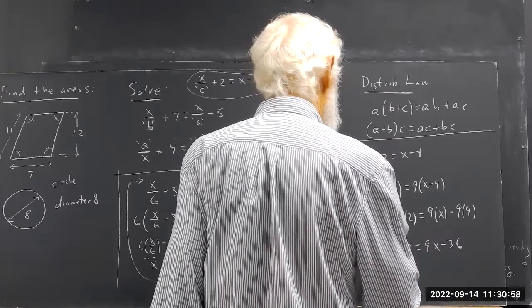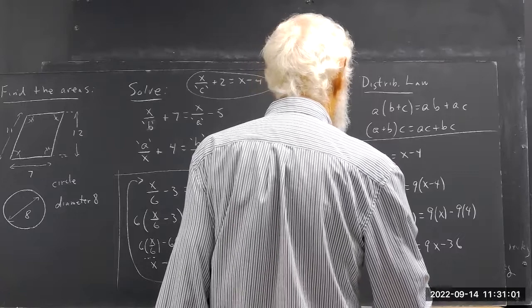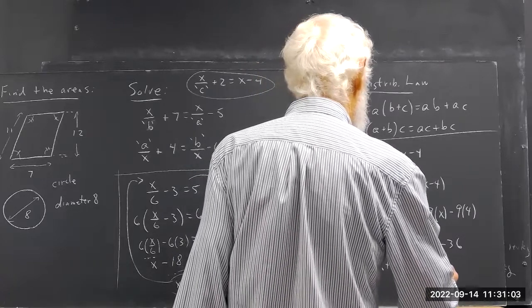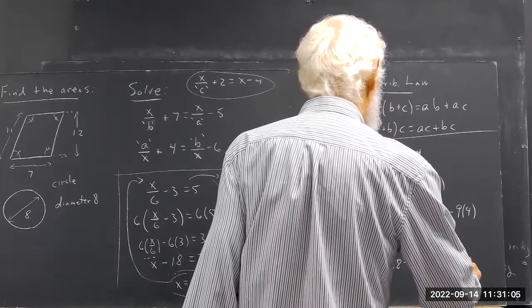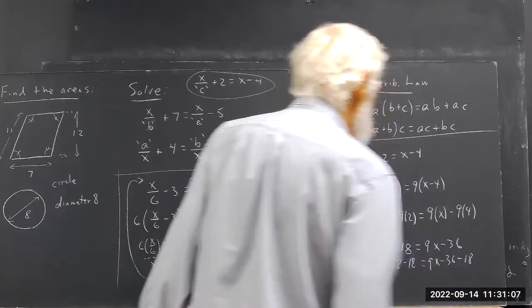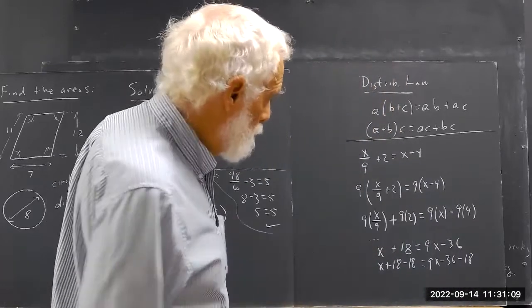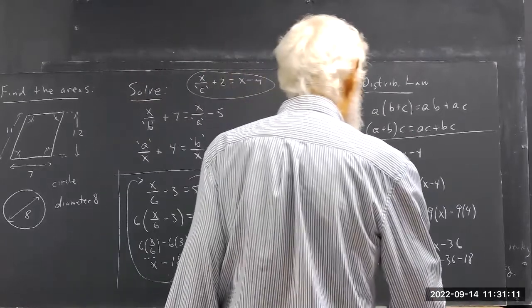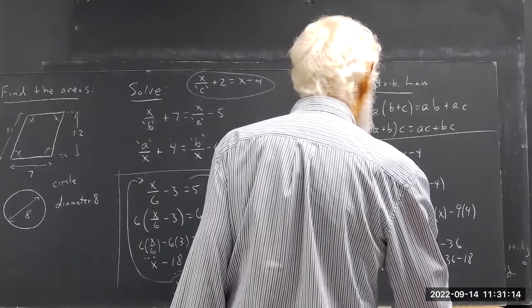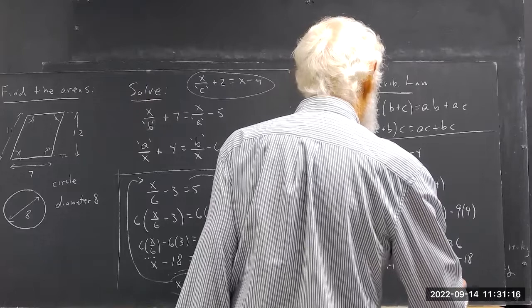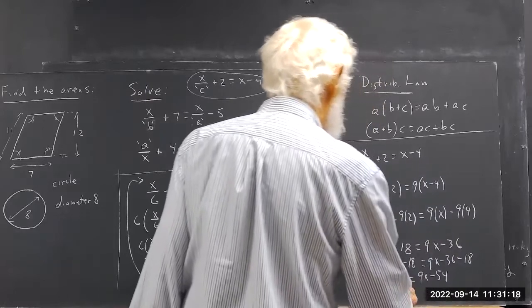Let's go ahead and subtract 18 from both sides, which gives us X equals 9X minus 54.